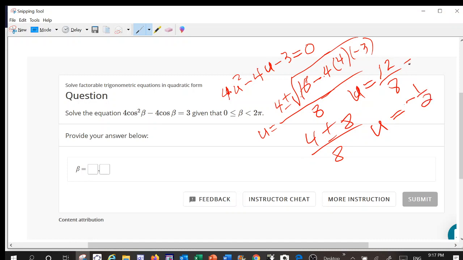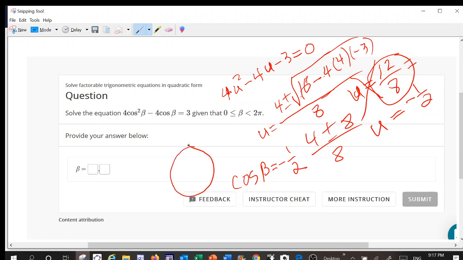Now 12 over 8 is bigger than 1, so that's out, because u, remember, is cosine, so that can't be. So the only one that makes sense is when cosine of beta is negative 1/2. Can't be the other, right? It's greater than 1. So when is cosine negative 1/2? Well, negative 1/2 is here, so it's this angle.